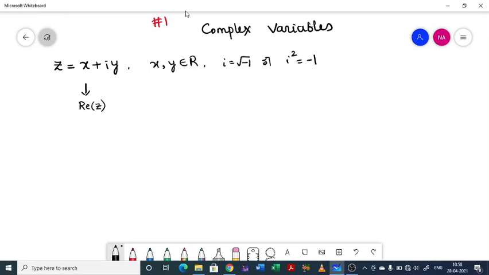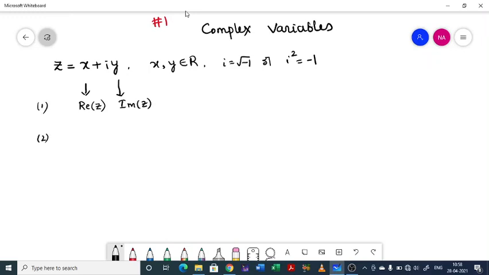That is the reason why we call it a complex number. So this y is called the imaginary part of z, which can be written like this. Symbolically, Im of z means y, and Re of z means x, that is the real part. So this is about the real and imaginary parts of z, the complex number. This is the first point to remember.